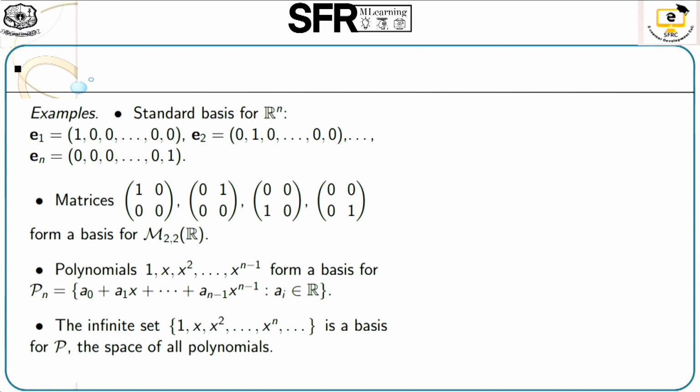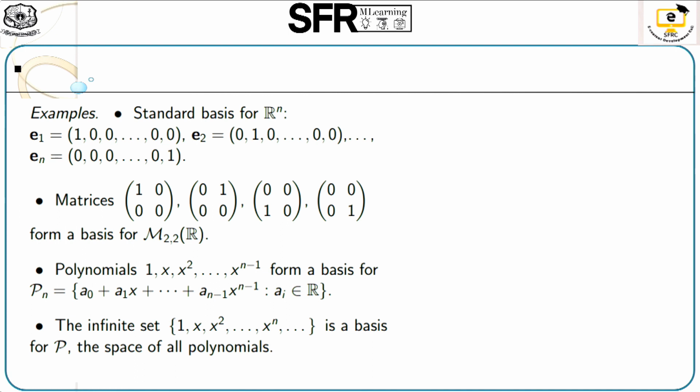The next example is the set of all 2 by 2 matrices, whose basis is e1, e2, e3, e4, where e1 is a 2 by 2 matrix of the form 1 0 0 0, that is, the a11 entry is 1 and the rest are 0. For the second basis element e2, the entry a12 is 1, the rest are 0.